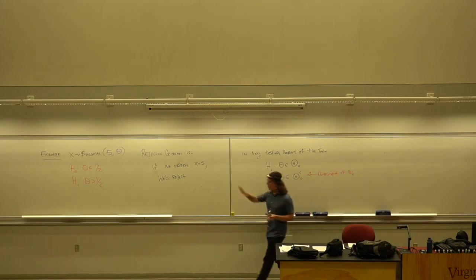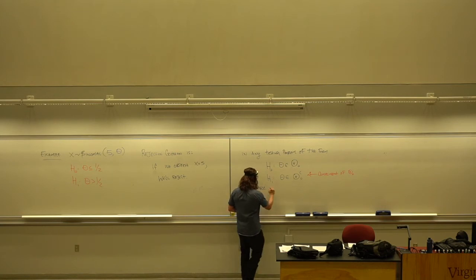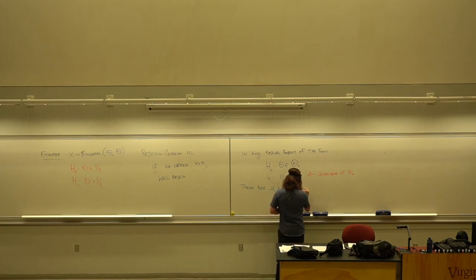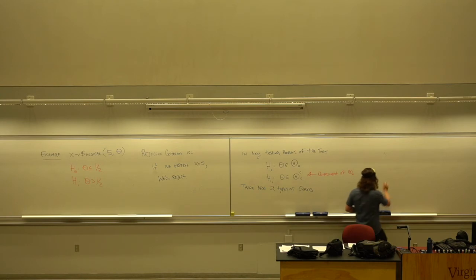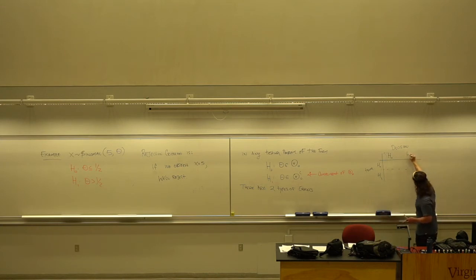So in any testing problem, and this problem that we're looking at is of this form, there's two types of errors that we can make. I'll just draw a diagram. Let's say this is the truth. So the truth is either H naught is true or H1 is true. And ultimately, when we look at data, we're going to make a decision. And we can either decide H naught is true or H1 is true.